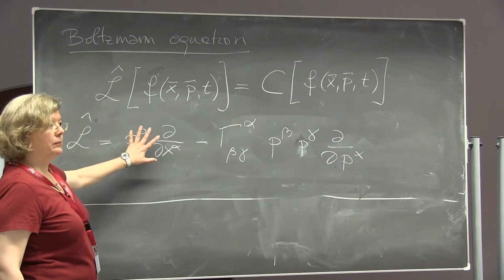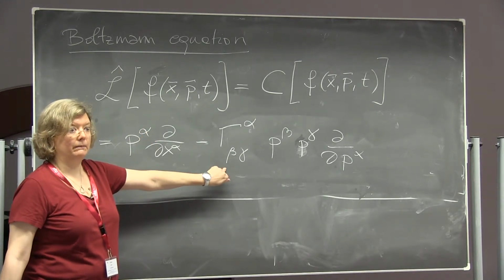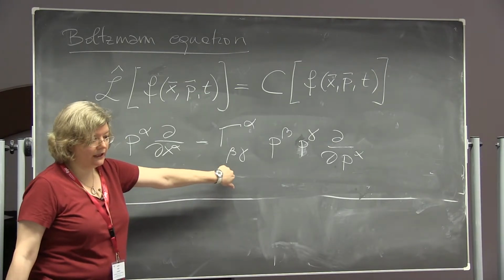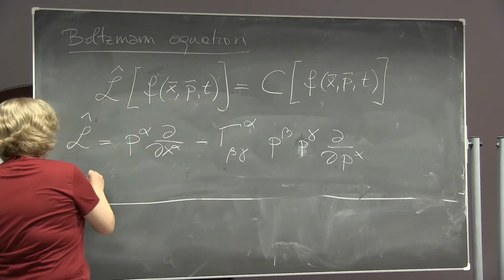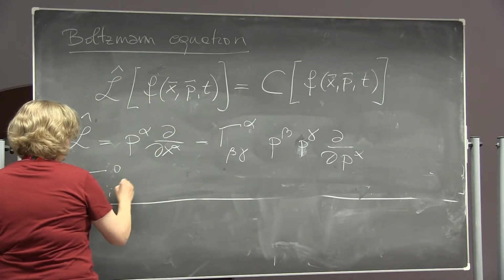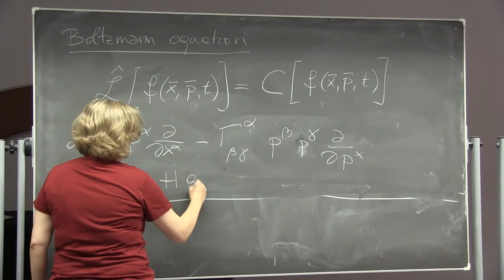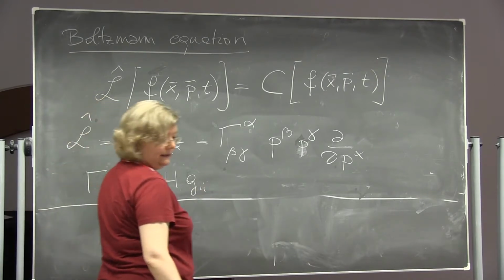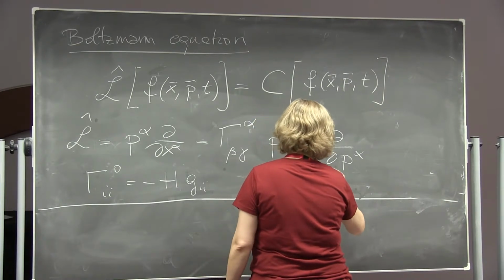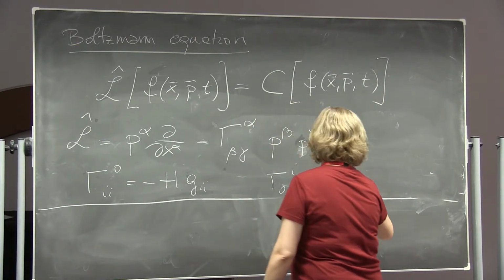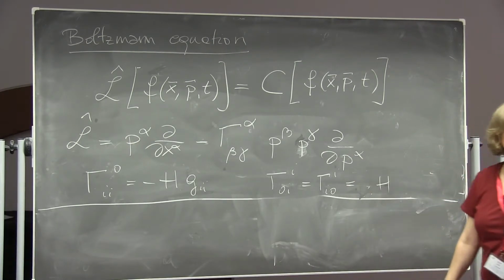So the first part is pretty clear, but the second part is non-trivial if you have a curved spacetime. In our case, we have to keep track of only a few of the gammas. The non-zero ones are Γ^0_ij, which is actually H times g_ij, and Γ^i_0j, which is the Γ^i_j0, and this is nothing else than the Hubble parameter.